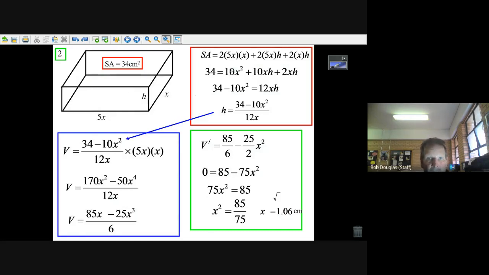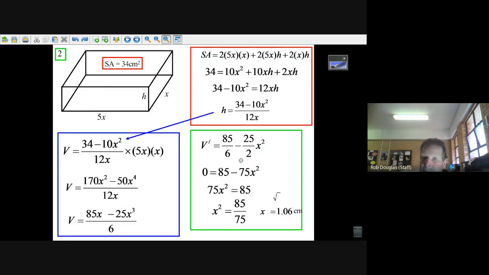That was pretty tricky. Let's just go over it again. You had surface area. You had to work out a formula for the surface area. They told you it was 34. Then solve for the part that's not in x. Make that the subject. See, we figured out what the height is. Then substitute that in to get a volume formula, as ugly as it is.